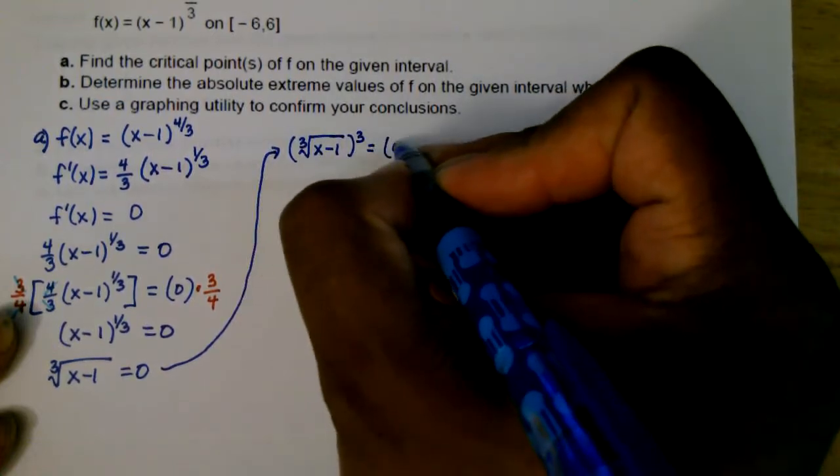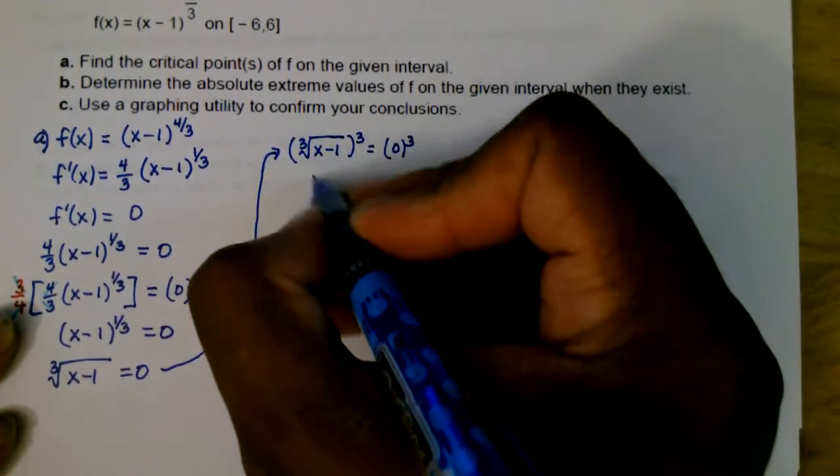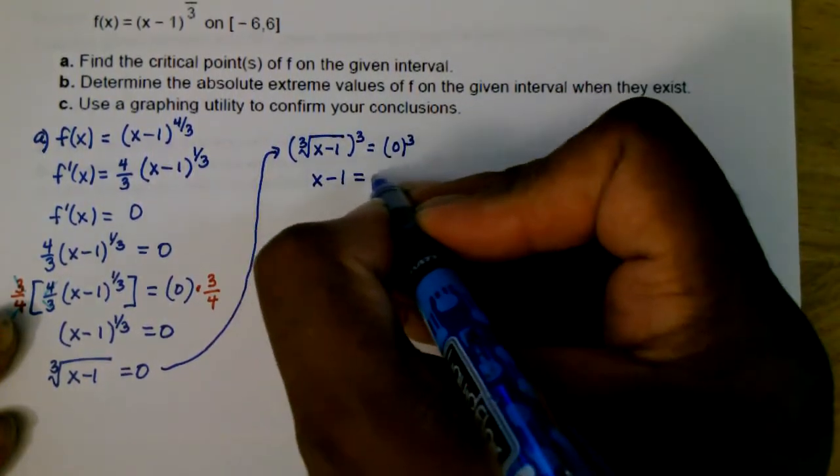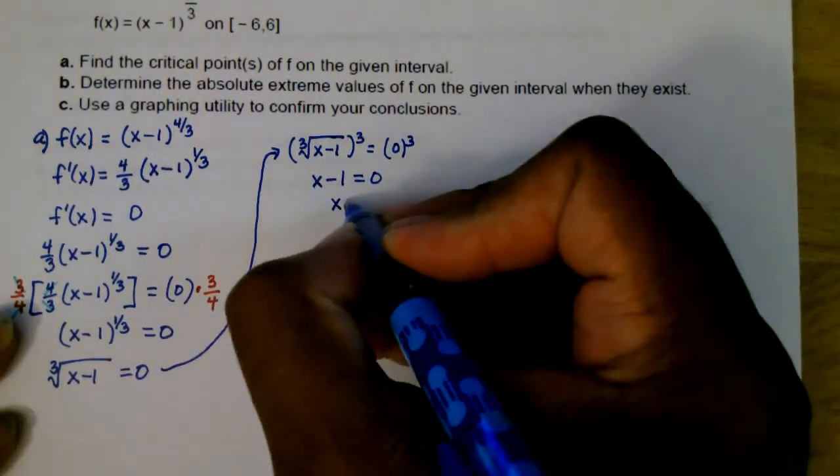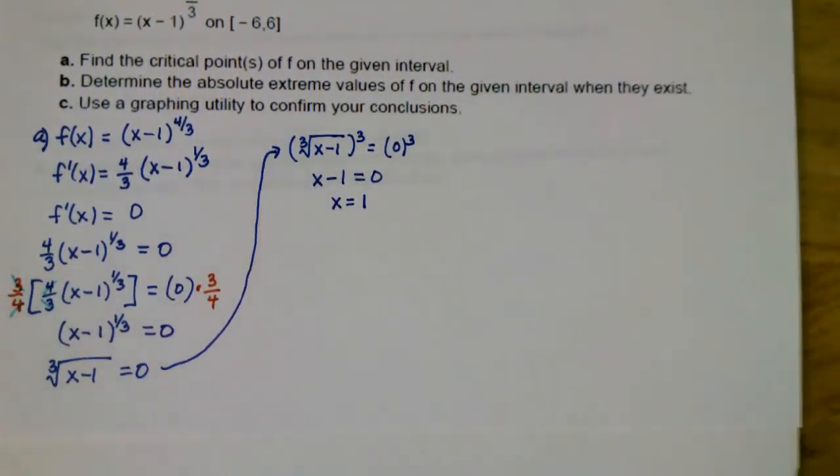And that wipes out the radical. So I'll have x minus 1 is equal to 0. And to add 1 on both sides, you'll get x is equal to 1. So my critical point would be x is equal to 1. Okay.